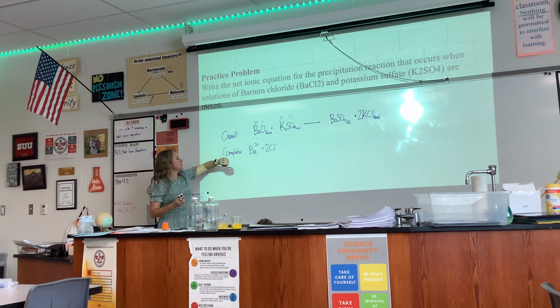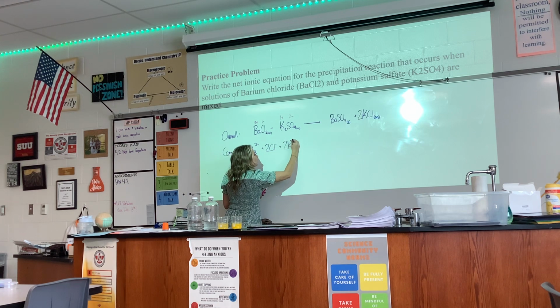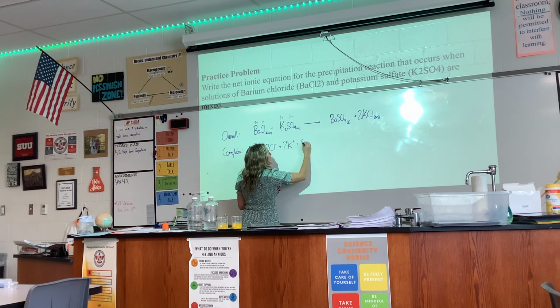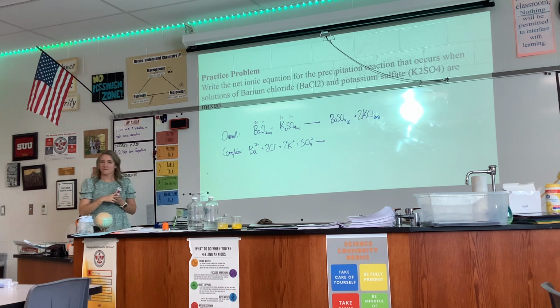The nice thing is if you do the charges on this first step, it makes it go faster after that. In this molecule, it's also aqueous, so it's really going to be 2 K pluses and SO4 2 minus. So once again, I'm showing them in their true form of what they look like.